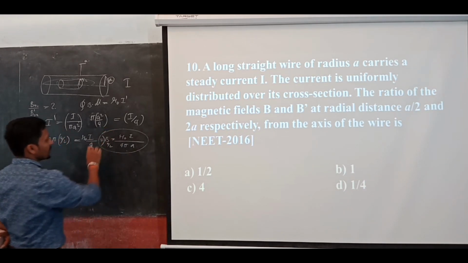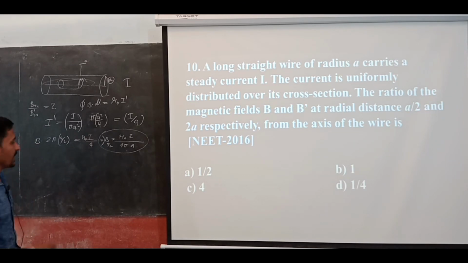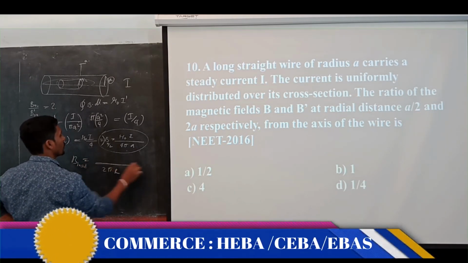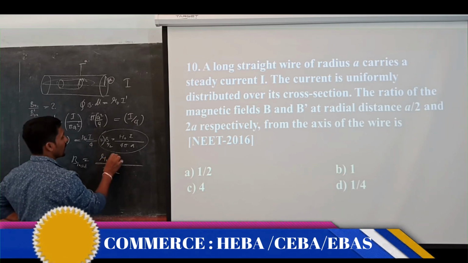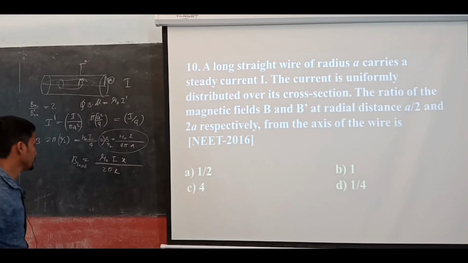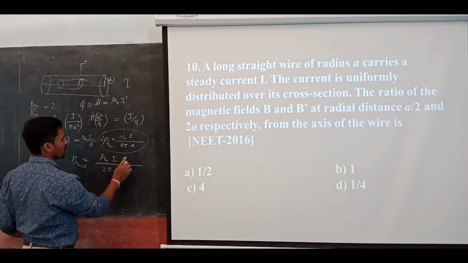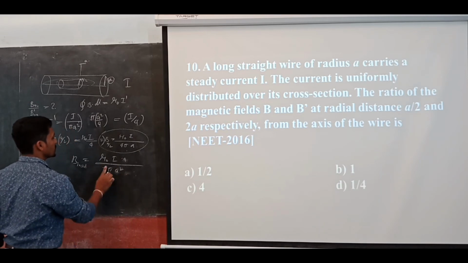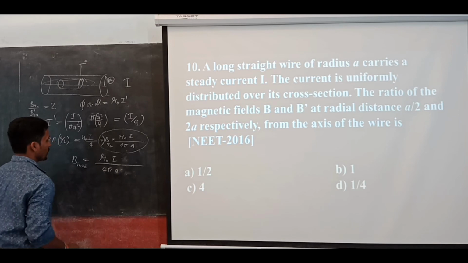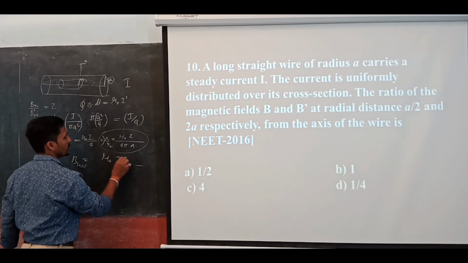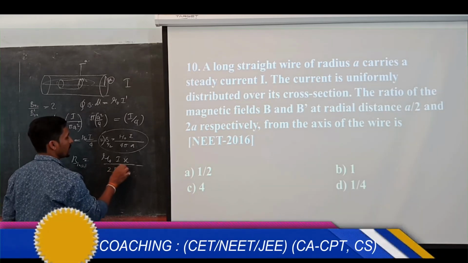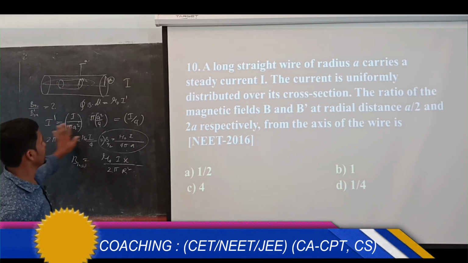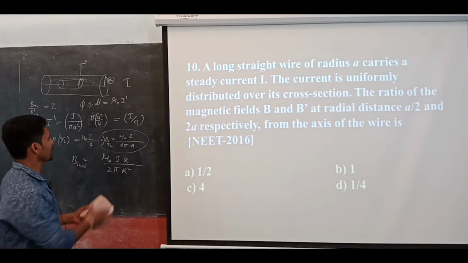Without applying that, if you remember the direct formula, for inside the conductor it is B equals mu naught into I into x divided by 2 pi r square. Here x is A by 2 and r is A, so r square is A square; it becomes 4, A cancels, remaining A. So the formula for inside the conductor is mu naught I x divided by 2 pi r square. Got? If you remember the direct formula, you will get the same answer.